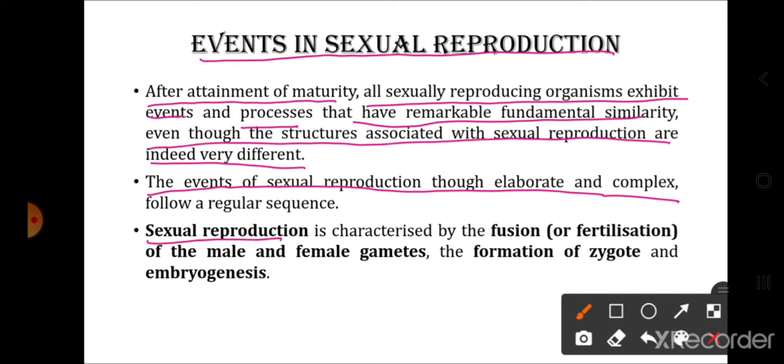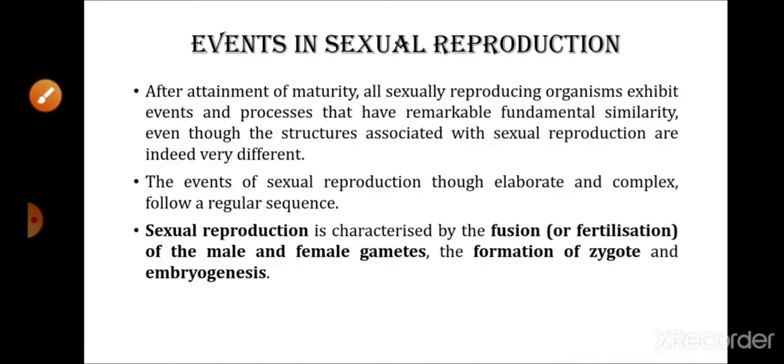Sexual reproduction is characterized by fusion or fertilization of male and female gamete, formation of zygote and embryogenesis. So, these are the certain characteristics of sexual reproduction. Fusion of the gametes results in the formation of zygote, and the zygote forms the embryo, that is embryogenesis.